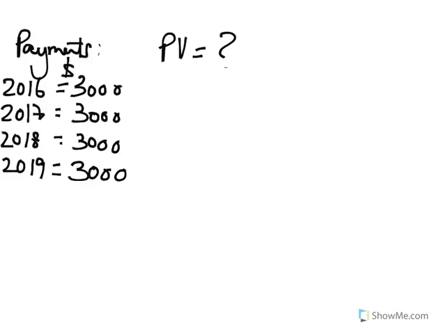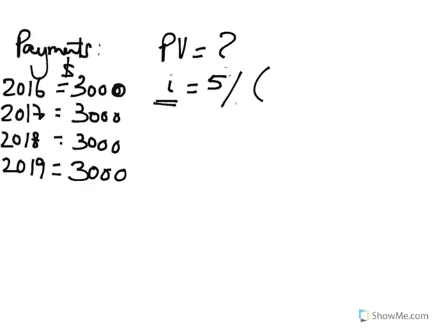Based on time value of money, we know that money loses value over time. Now, let's assume that the loss of value each year of these $3,000 is going to be, let's say, approximately 5%. We will talk more about how you get this 5%. It's important that you understand this. But for the moment, let's just assume that we know this from a source.